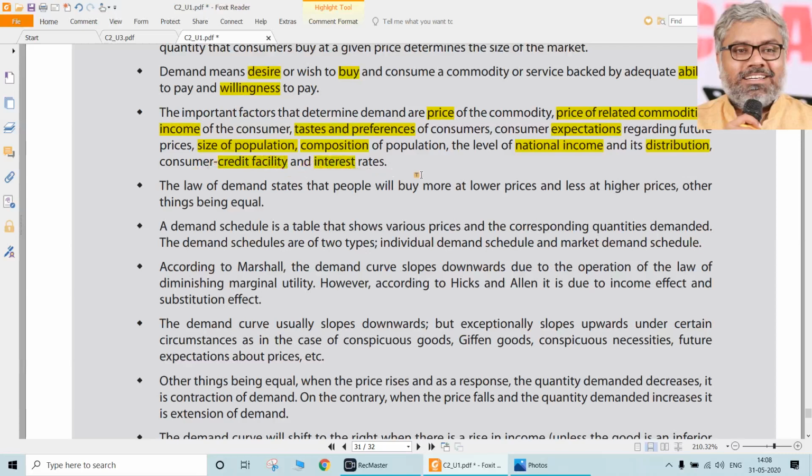Like this, numerous factors will have an impact on the demand. We can call all of them the determinants of demand.